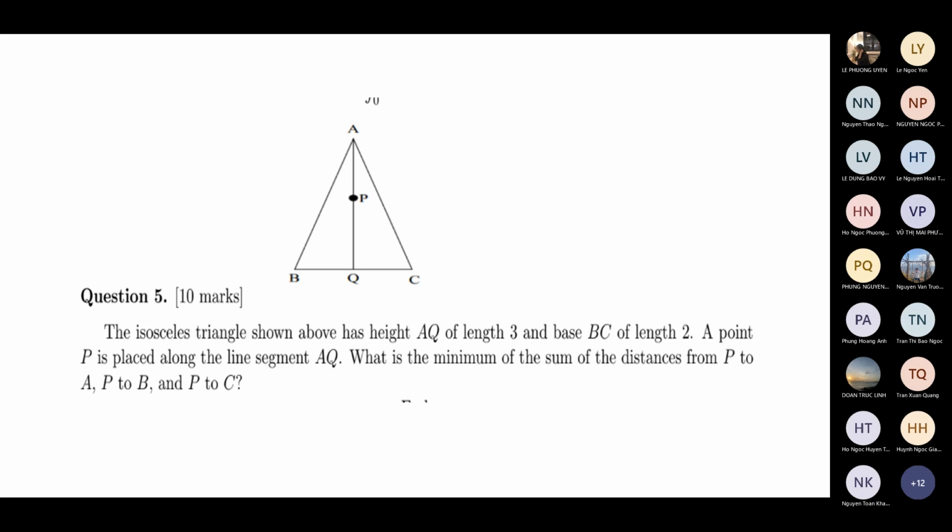And you have AQ equal 3 already, the height of the triangle. PA is equal x, so PQ is just 3 minus x. BC equal 2, so QC gives you just 1, a half of BC.